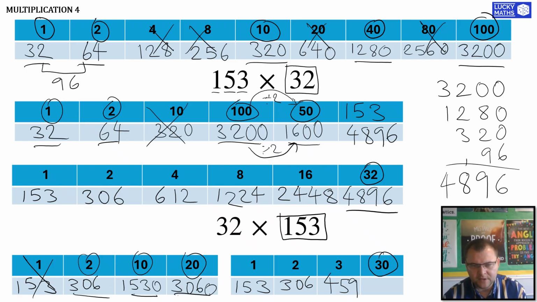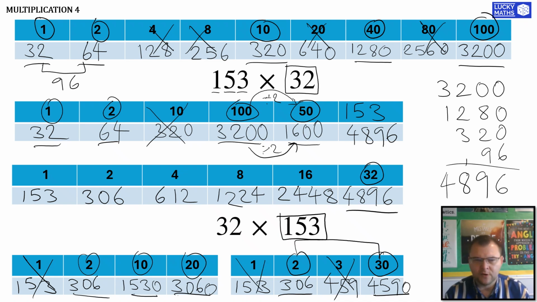So then I know if I times this by 10, 4,590 plus the 2 lots, add those together, we're looking at another answer of 4,896.